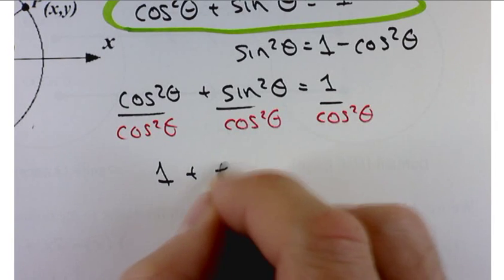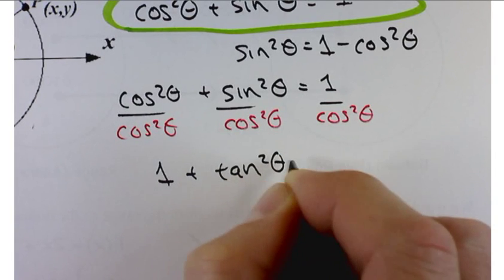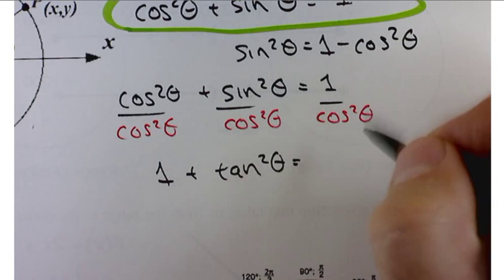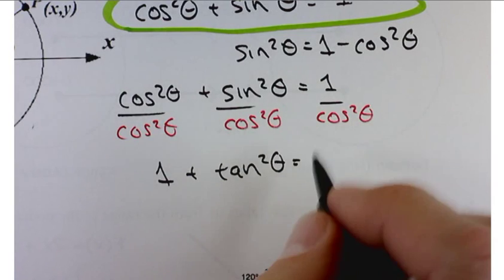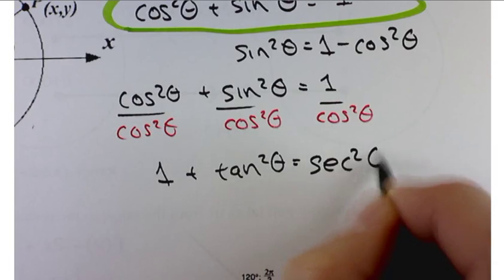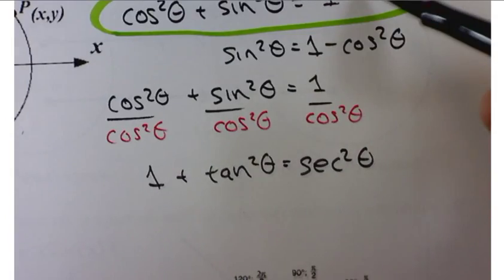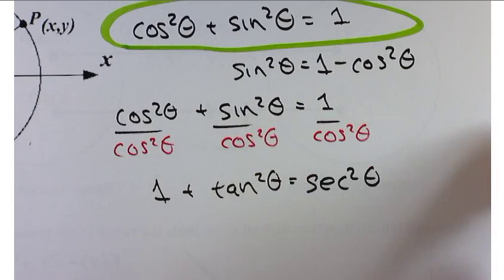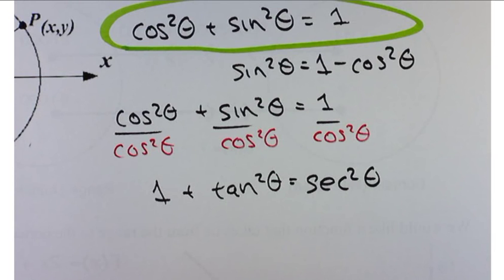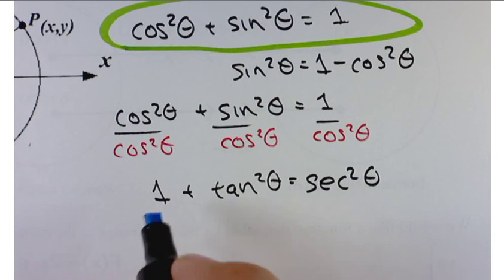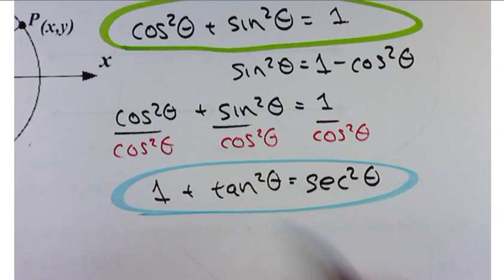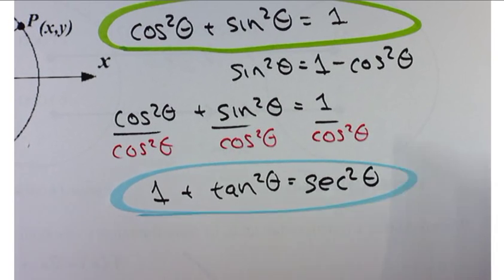Tangent squared. And then finally, 1 over cosine of theta squared, secant squared of theta. But with one quick step, dividing everything through by cosine squared, we get a whole another identity. So if you know this one, you can get this one pretty much for free.